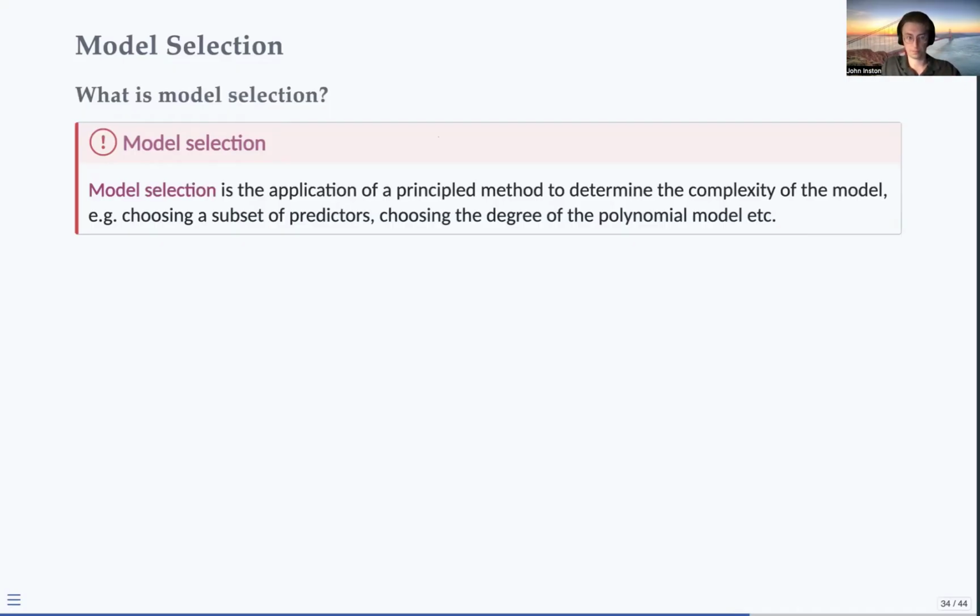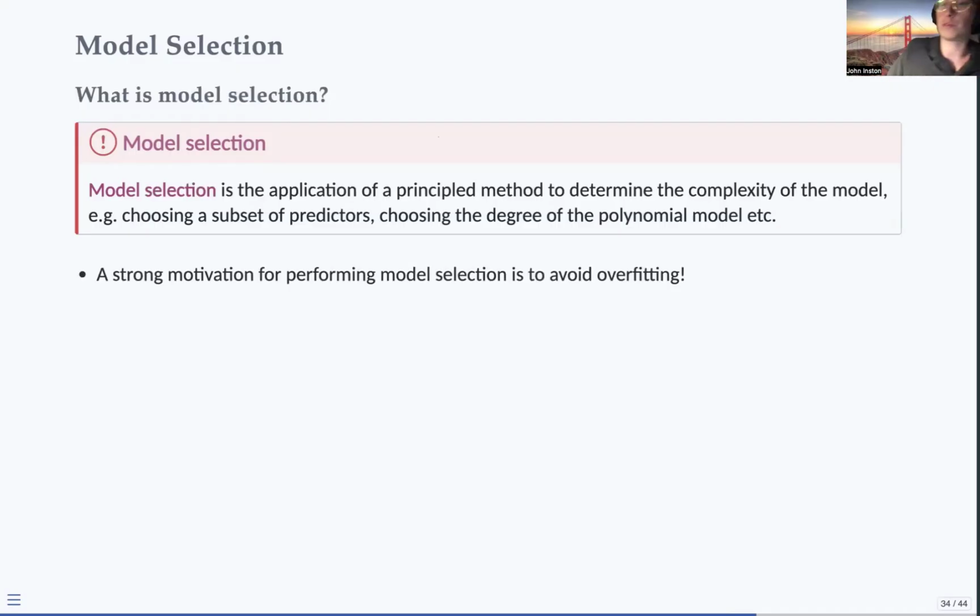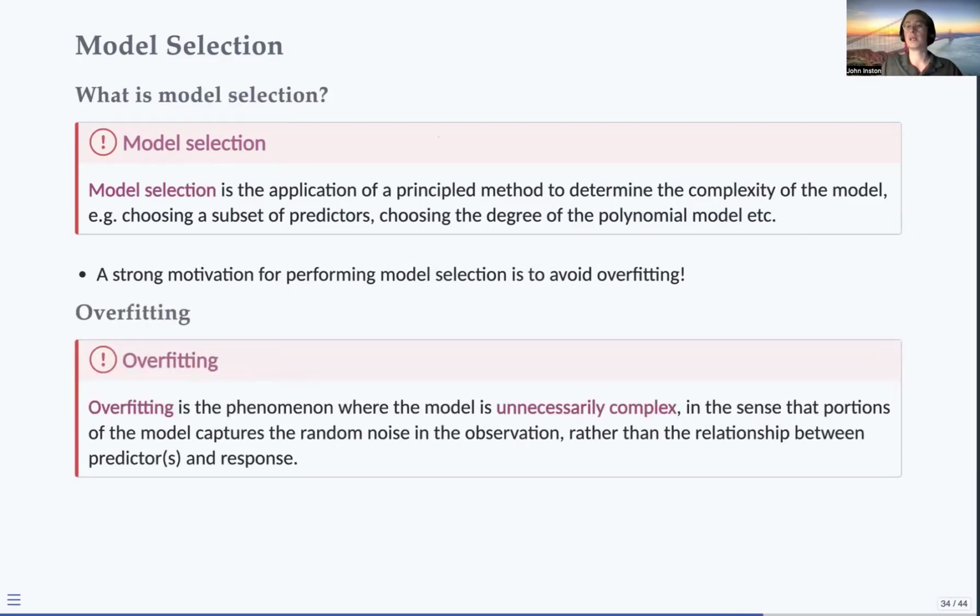A strong motivation for performing model selection is to avoid overfitting. So far we haven't really spoken about overfitting. The point of overfitting is that you typically make a model too complicated and it describes the data too well, to the point where it is capturing the randomness as if it isn't random, and therefore it reduces its ability to make predictions with new data.